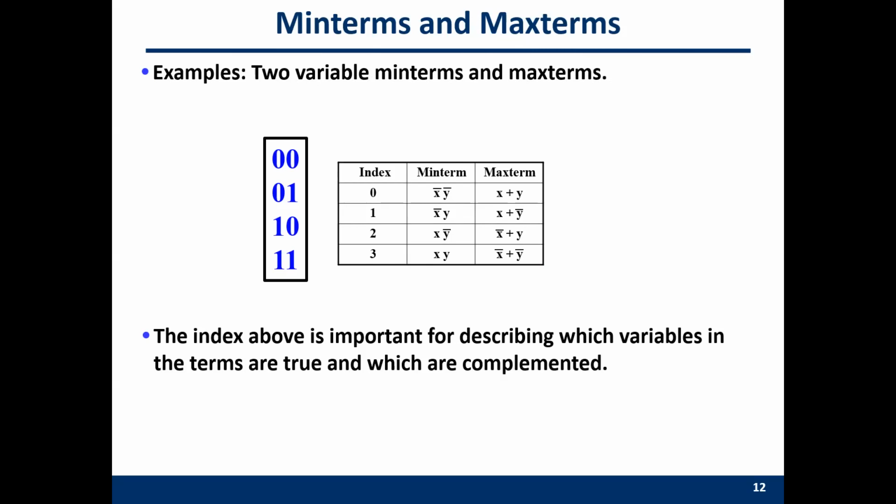So we can see that by the De Morgan law, we can actually convert minterm to the max term if they are in the same row in this table.